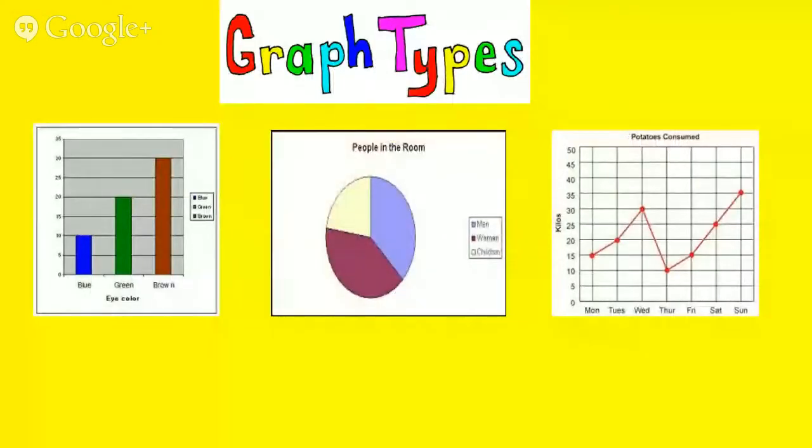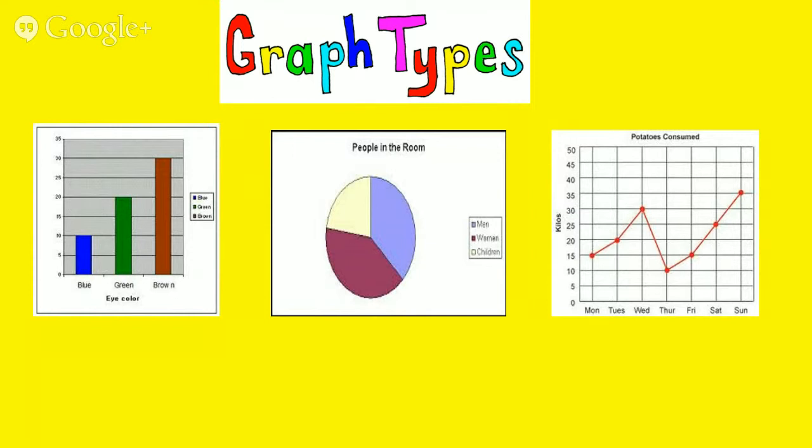Then also, obviously, in data handling, we deal with graphs. And here are just 3 types of graphs that we deal with. There's one here that we call a bar graph. In this one, it's just got eye color. Another one, a pie chart or pie graph, like a pizza. You cut it up in different slices.